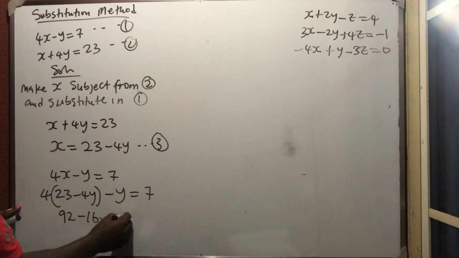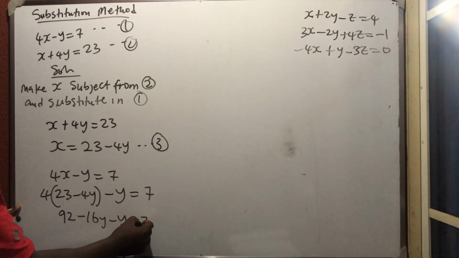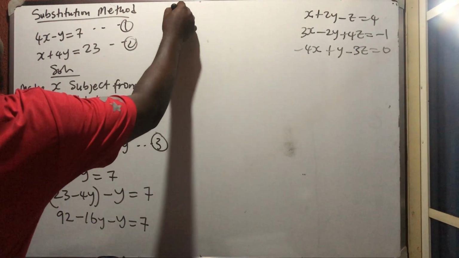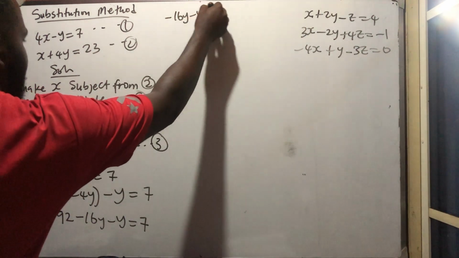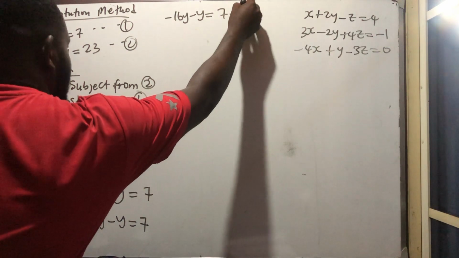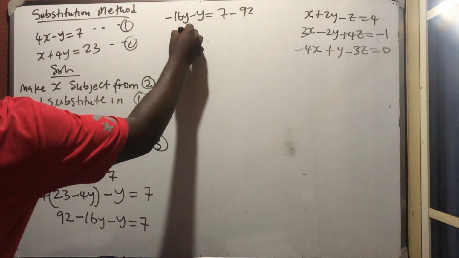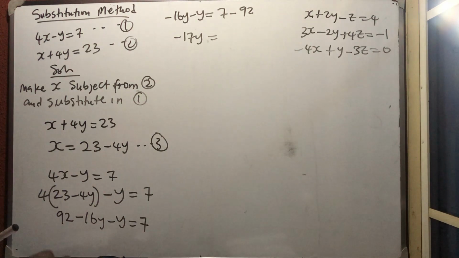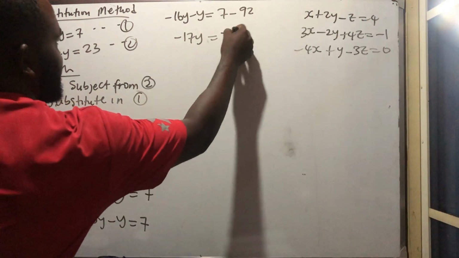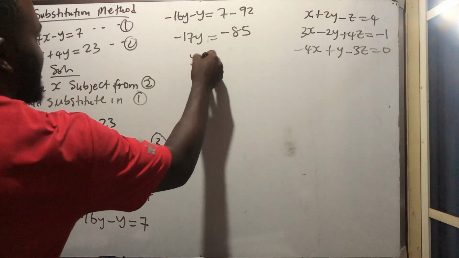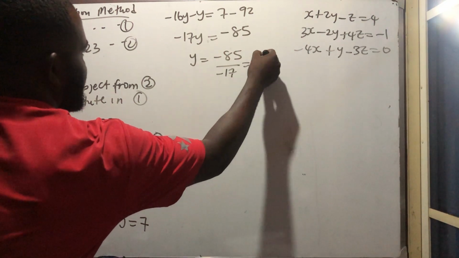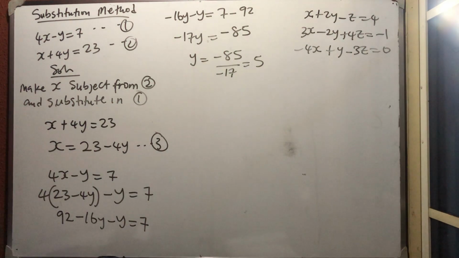Then minus y is equal to 7. Collect like terms: minus 16y minus y is equal to 7 minus 92. This gives me minus 17y is equal to minus 85. So therefore y is minus 85 divided by minus 17, which is 5. You see, we got the same answer.